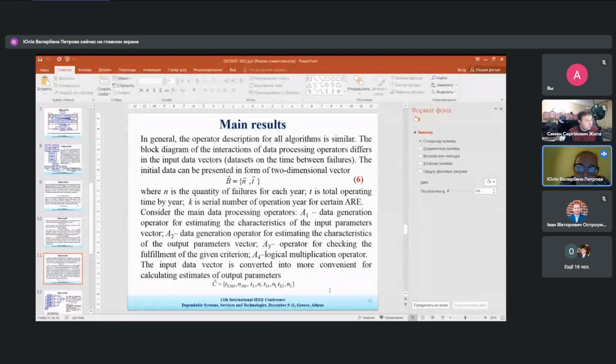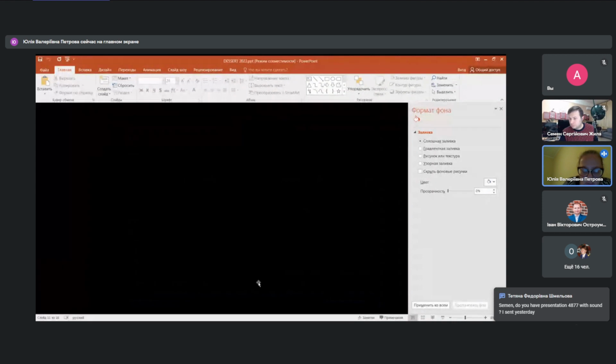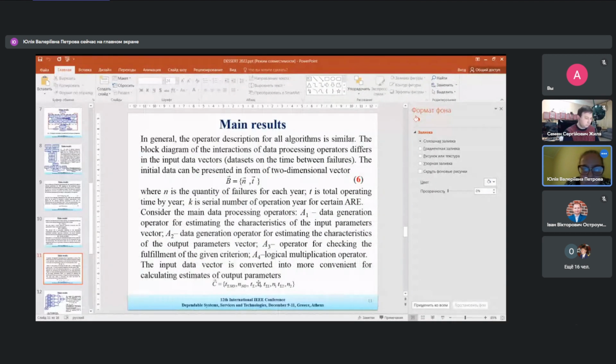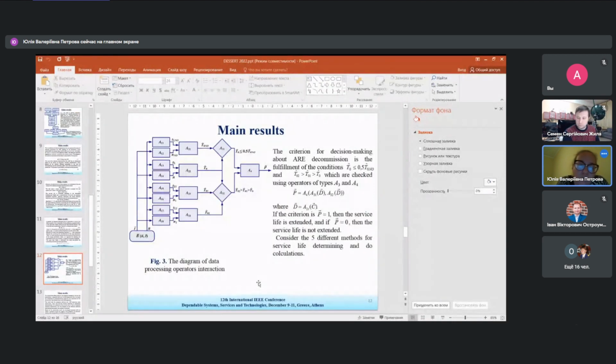The input data vector is converted into a form more convenient for calculating estimates of output parameters, by the last equation on this slide, where t is the mean time between failures. So here we have the diagrams of data processing operator interaction.